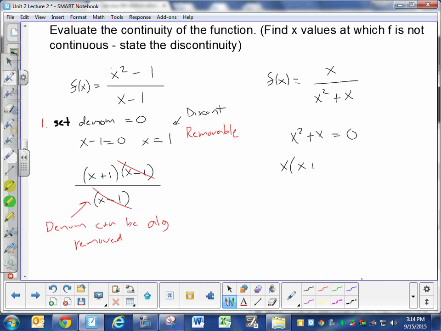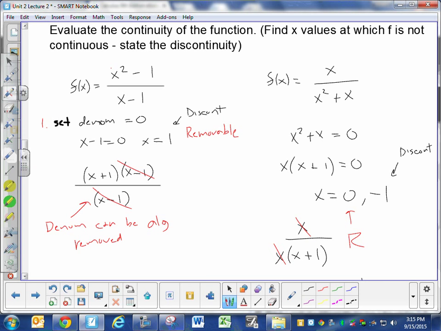You'll have to factor to figure out the locations of your discontinuities. Then that'll help you algebraically simplify things to show you what you have, a removable or a non-removable.